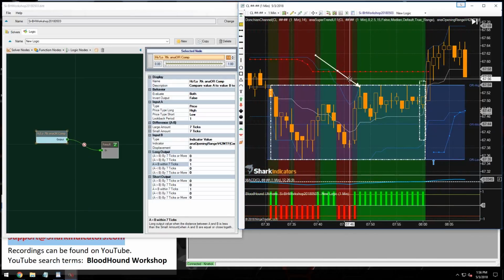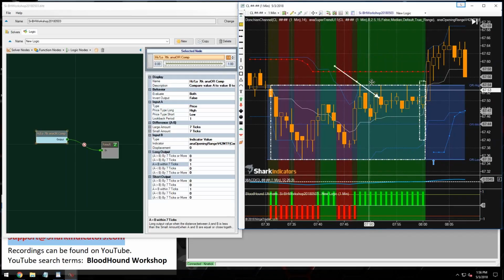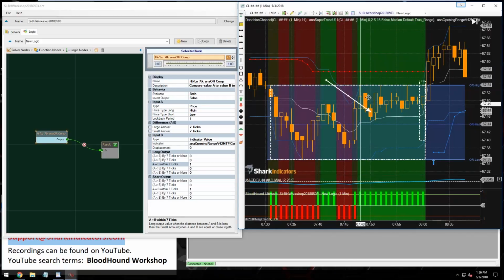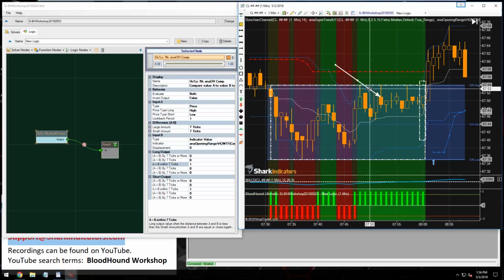As long as the high of the bar is within 7 ticks of this opening range, then I get a long output. So this long output we'll use to tell BlackBird, once you place a long stop entry, and we'll tell it to place a long stop entry a couple of ticks right above that range there.